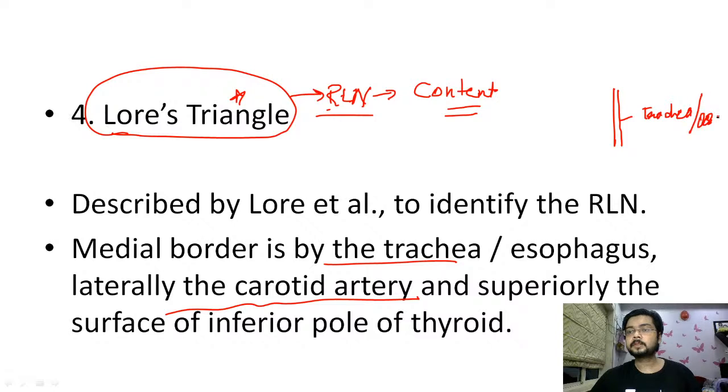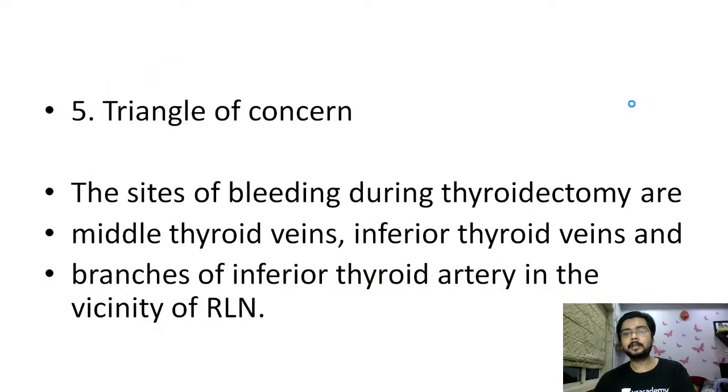This is your inferior thyroid artery, and this is your common carotid artery, somewhere like this. So inside this will be the recurrent laryngeal nerve, inside the tracheoesophageal groove. So Loray's triangle is again for the recurrent laryngeal nerve.